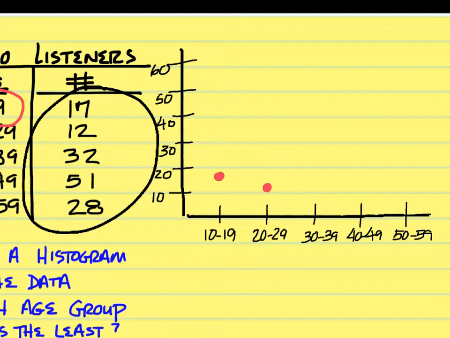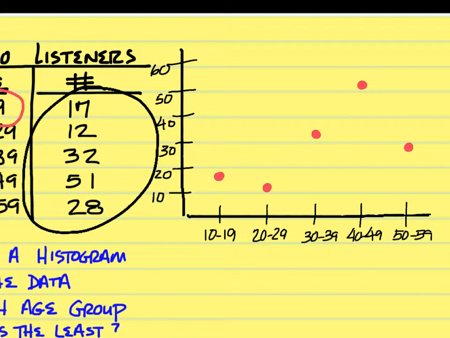And then for 32, for the 30 to 39 category, goes here. 51 for the 40 to 49 category here, and then 28. We're going to go, let's see, 28 is going to be right here.